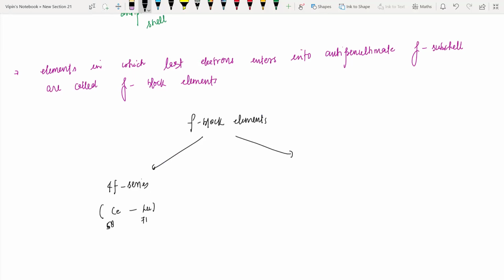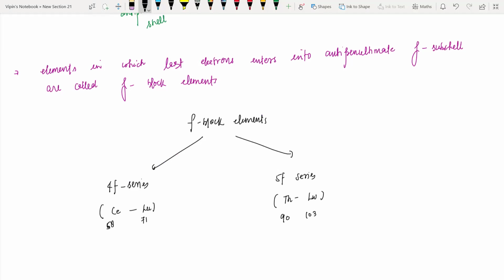Okay. And the 5f series, this is from thorium to lawrencium, 90 to 103.